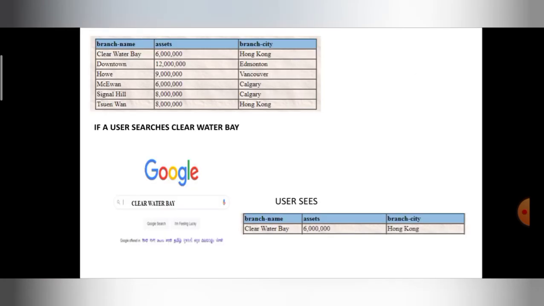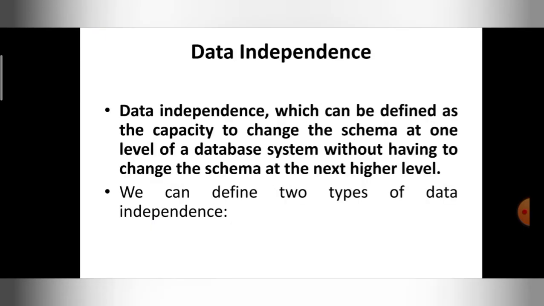Next, in the three schema architecture, one more important concept is data independence, right? Data independence means you have the capacity to change the schema at one level without having to change the schema at the next higher level.